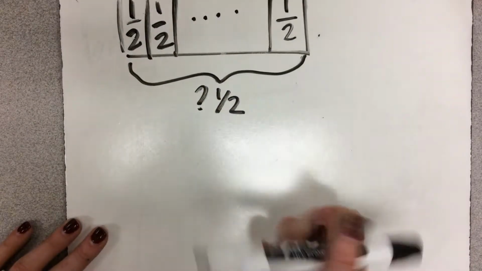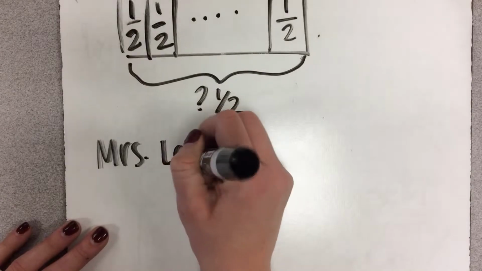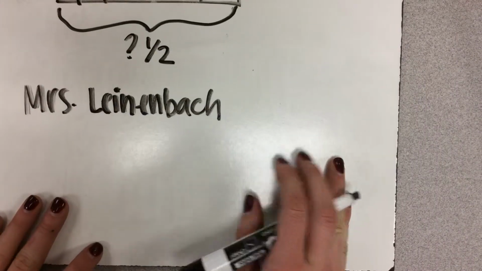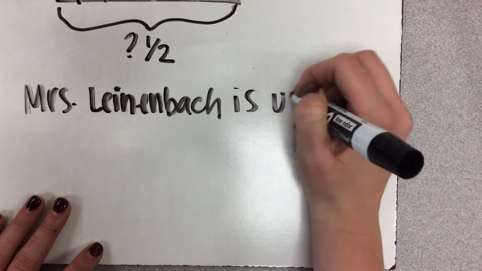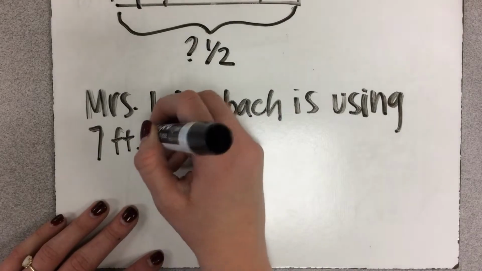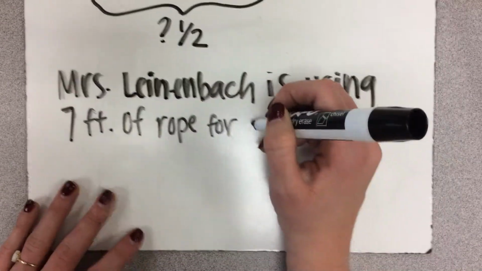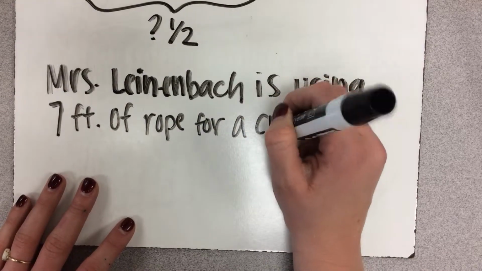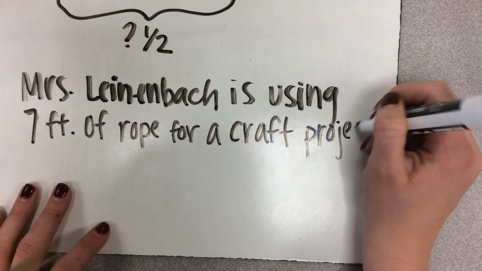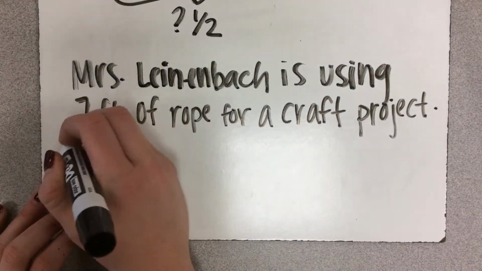I'm just going to say, Mrs. Leinenbach, that's me. Mrs. Leinenbach is using 7 feet of rope for a craft project. We'll pretend I'm crafty. Okay, using 7 feet of rope for a craft project.